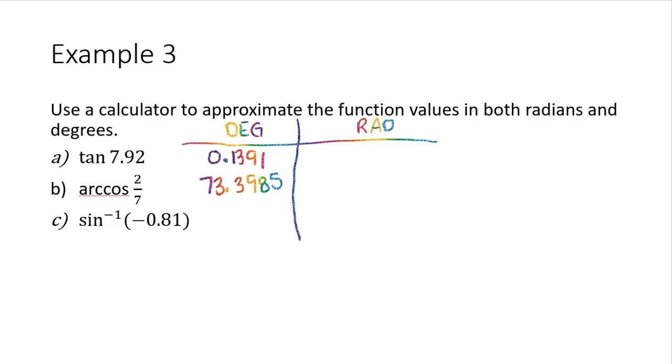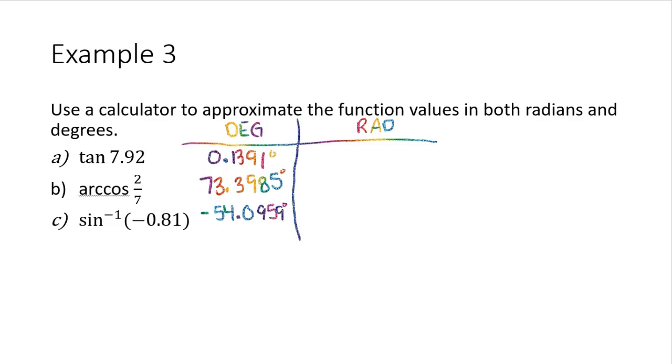All right, and then part C, we have the inverse sine of negative 0.81. So in degrees, we're going to do second sine, negative 0.81. And this is giving me negative 54.0959 degrees.